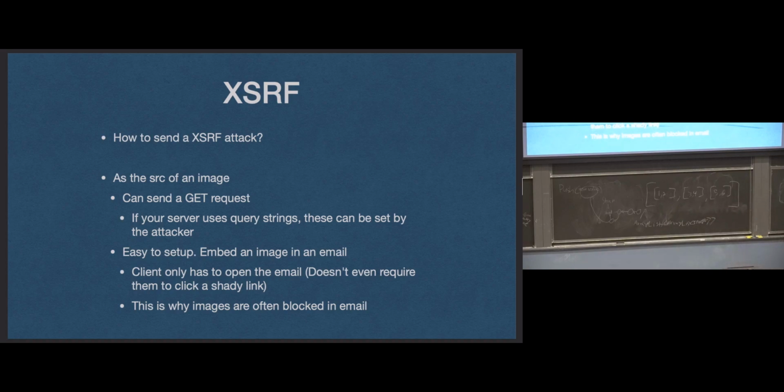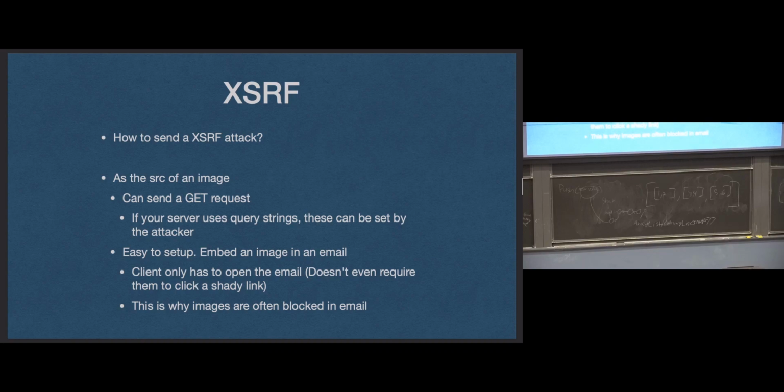But really your legitimate uses of a GET request should just be to get information, right? So if you're only sending the GET request, you can't make any changes to the server.